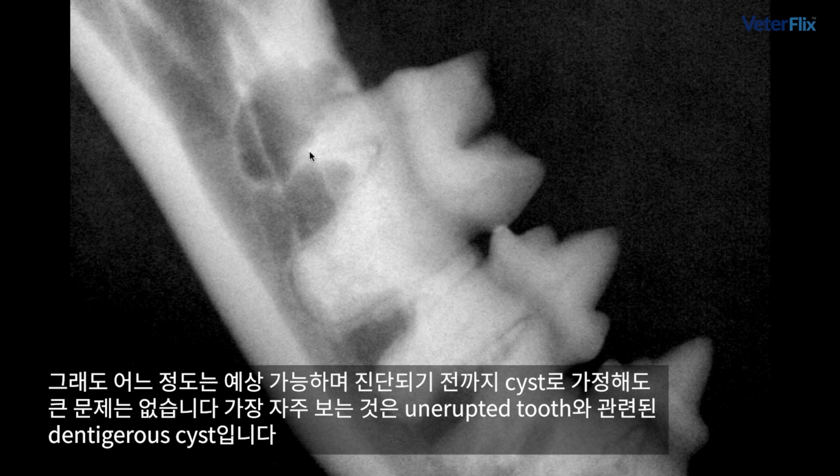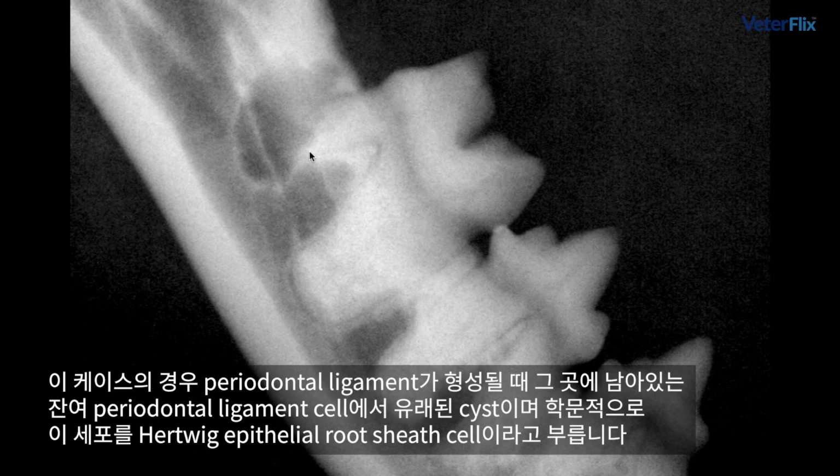The thing that we most commonly see are dentigerous cysts that are associated with unerupted teeth. In this case, this would be a cyst derived from the periodontal ligament cells that are still remnants within that space when the periodontal ligament was formed.